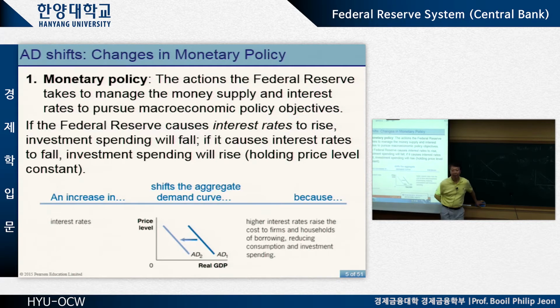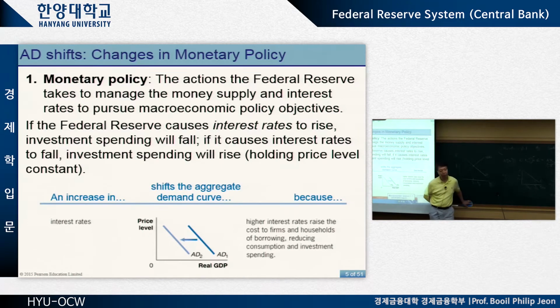And as far as employment goes, what do we say? If there is no cyclical unemployment, we say we have achieved full employment, right? So potential GDP is the level of GDP that we can achieve if we achieve the full employment.